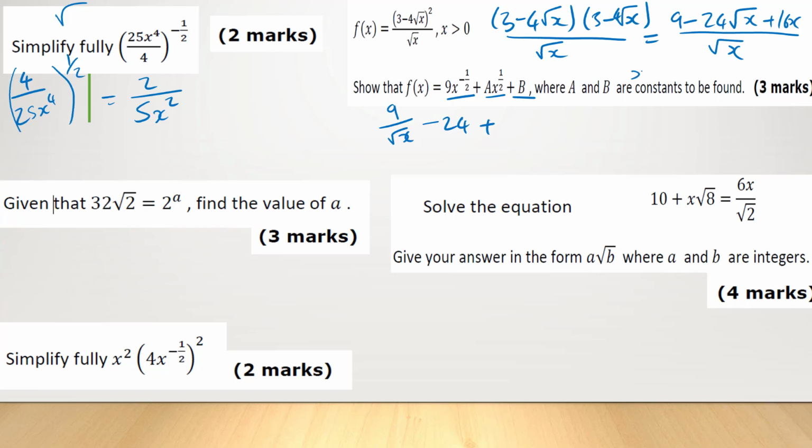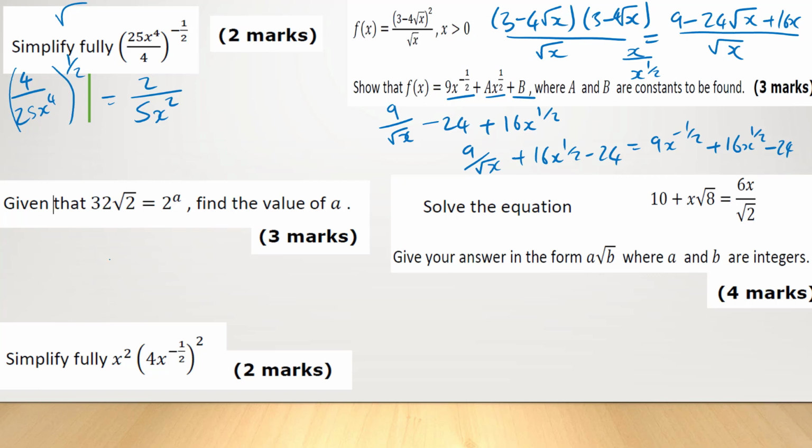Remember, x is the power of half, so we're doing x over that, so minus the powers, so that's plus 16x to the half, and that works. So that's right in that form. That's 9 over root x plus 16x to the half minus 24, which is 9x to the minus a half plus 16x to the half minus 24, so b is minus 24 in this instance.